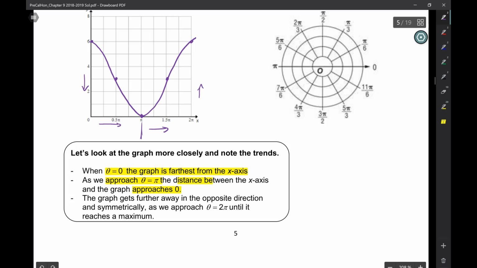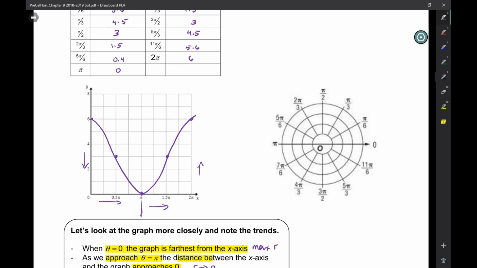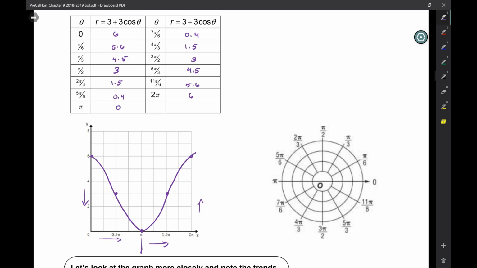When theta equals 0, you have the maximum radius. As theta approaches pi, the radius approaches 0. And then as you approach 2 pi, r approaches maximum again. Okay? So now, let's see that here.